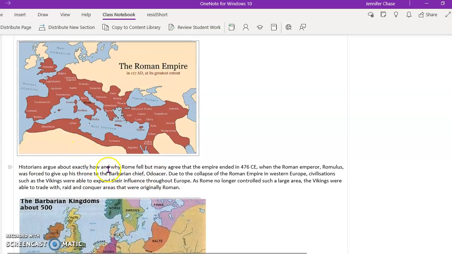Okay, so historians argue about exactly how and why Rome fell, but many agree that the empire ended in 476 CE when the Roman emperor, Romulus, was forced to give up his throne to the barbarian chief Odysseus. So over a couple of hundred years, the Roman Empire was being attacked.